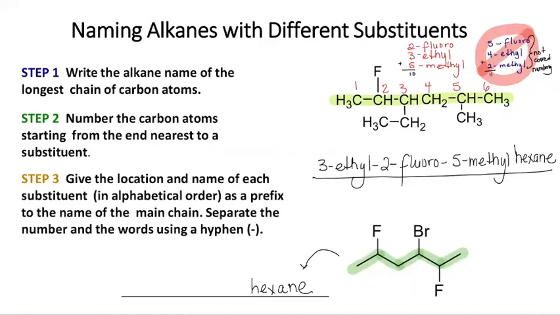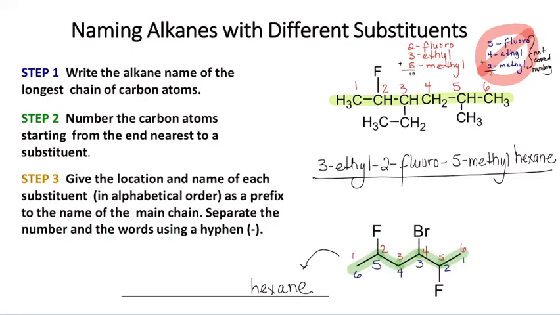Now, again, I have multiple substituents. Some are the same and some are different, but I need to start from the end that is nearest a substituent. So let's just do this again. I can go 1, 2, 3, 4, 5, 6. Or I can go 1, 2, 3, 4, 5, and 6.